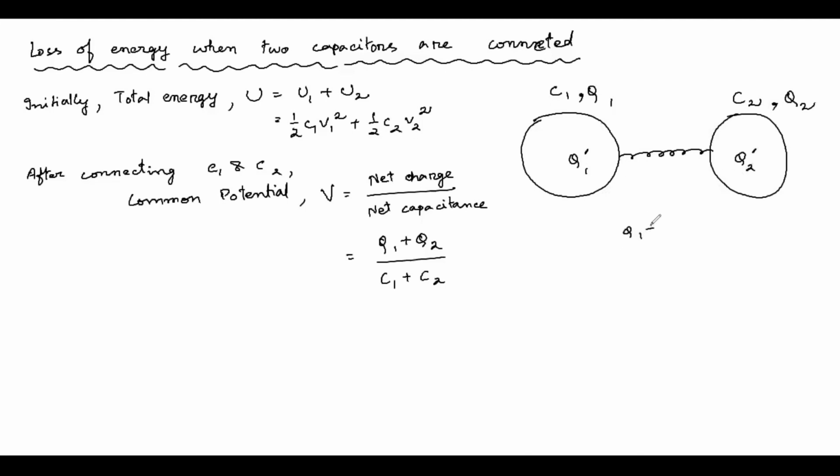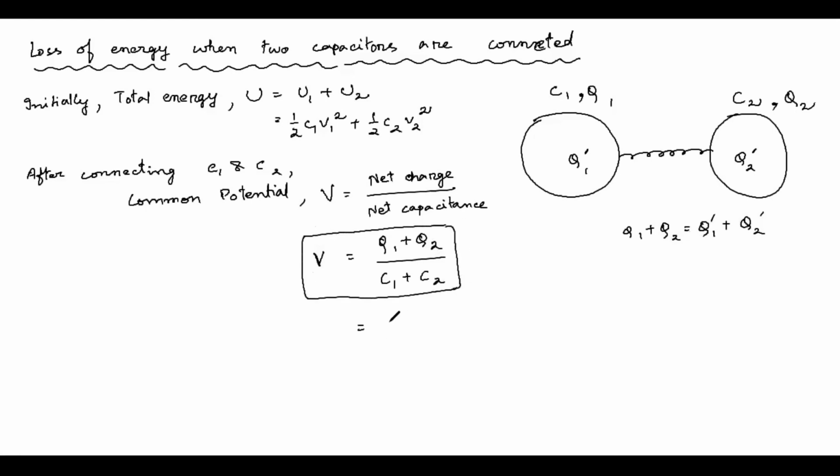It will remain the same. This is the net charge value before connection, and this is the net charge value after connection, which will be the same, right? So after connection we have a common potential, and that common potential is expressed like this.